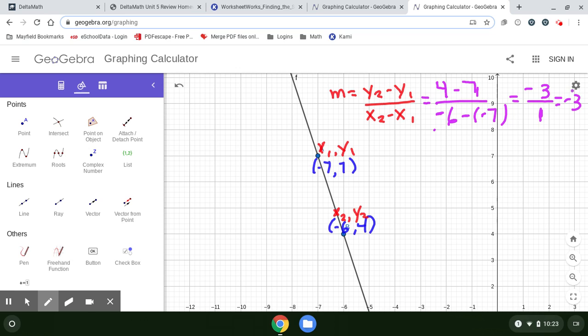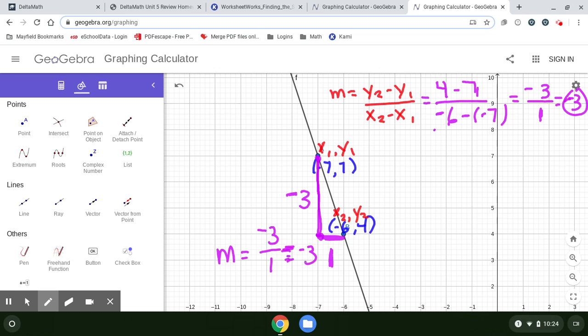So my slope is negative 3 from my formula. If I did this graphically and drew my box, it is down 3, and then over 1. So my slope is negative 3 over 1, which is negative 3.